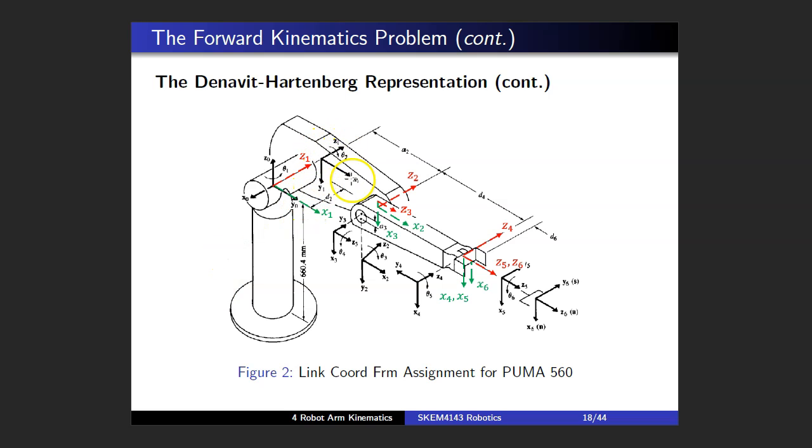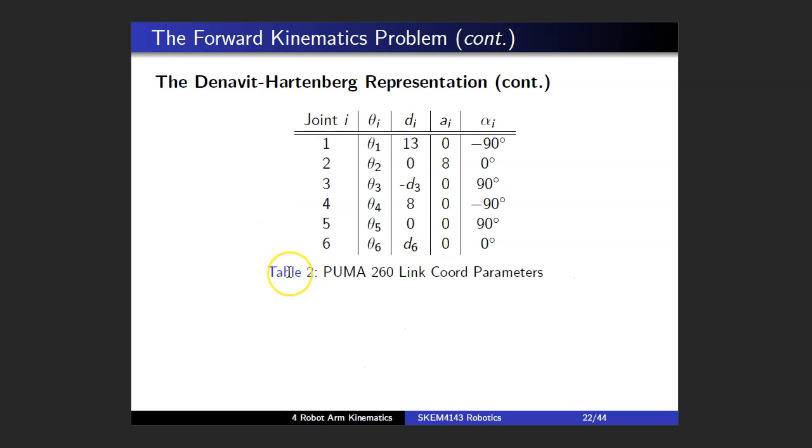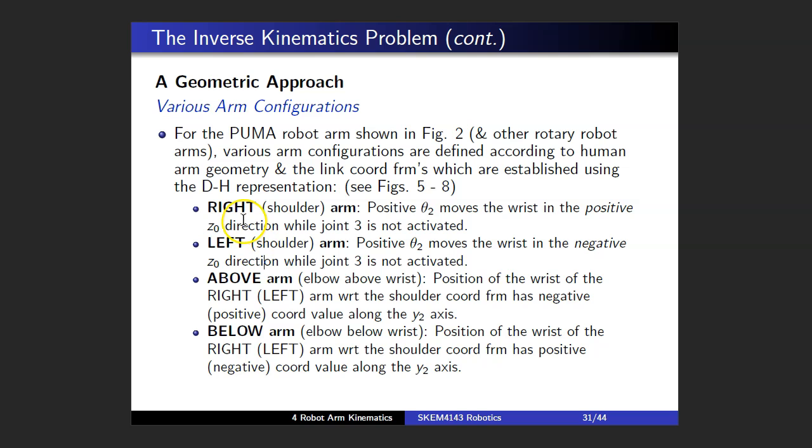Positive θ2, indeed, moves the wrist in the negative Z0 direction. Z0 is pointing upwards. When we have positive θ2, the wrist moves downwards, or in the negative direction of Z0. And similarly, you can analyze for right arm as well.